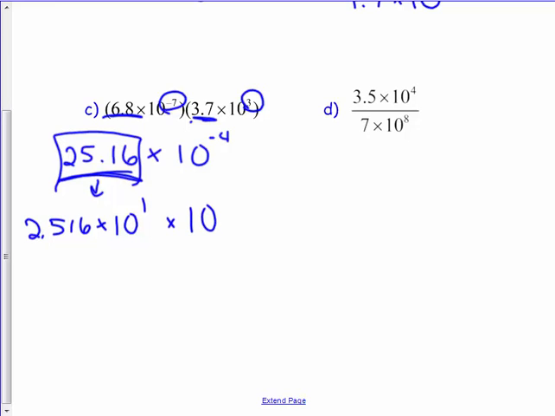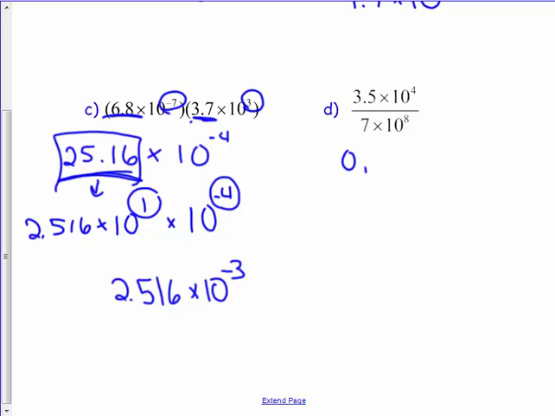And then I also have the 10 to the negative 4, so I'm going to have to now combine these together. So I'm going to get 2.516, 10 to the first, 10 to the negative 4. When I add those together, I get 10 to the negative 3. So you have to write your new number in scientific notation.